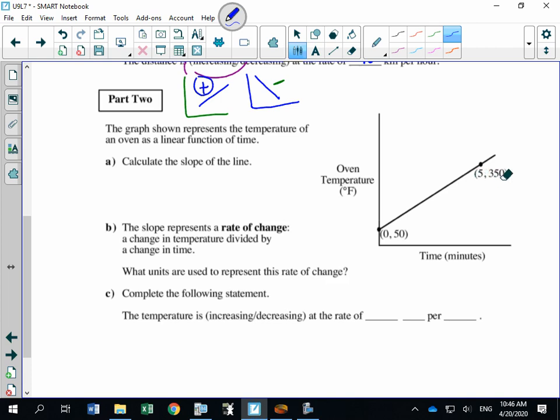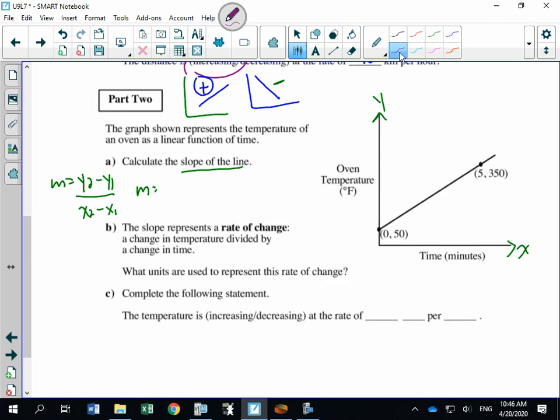So if I asked you a question, well, how long did it take the oven to heat up to 350 degrees? It took 5 minutes, right? So that's how you would sort of read and interpret this graph. So there's my y-axis, this is my x-axis. So calculate the slope of the line, A. We know that slope is equal to y2 minus y1 over x2 minus x1.